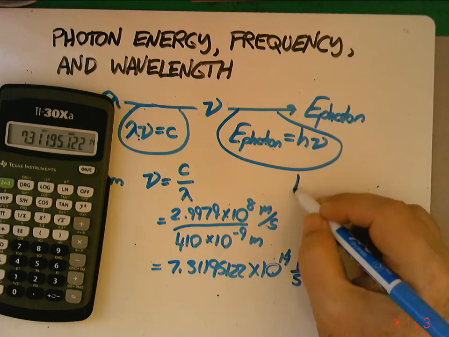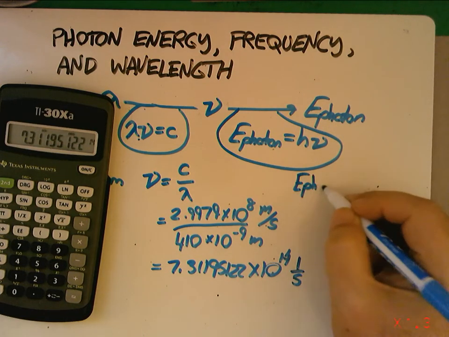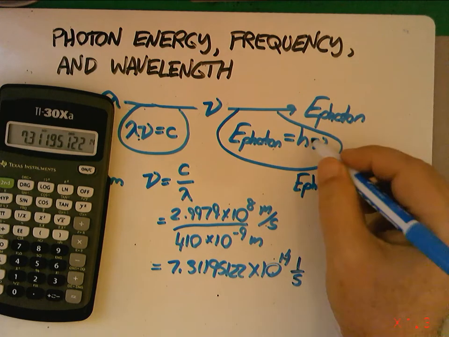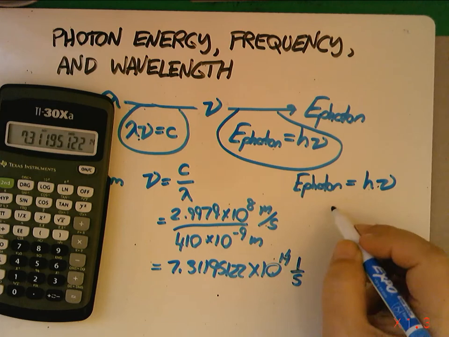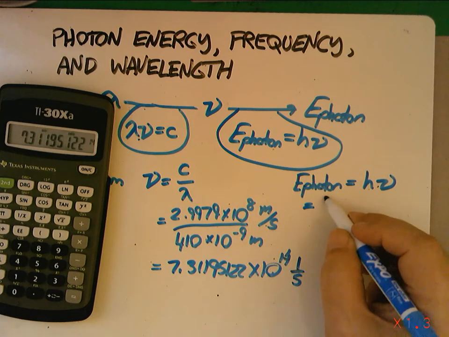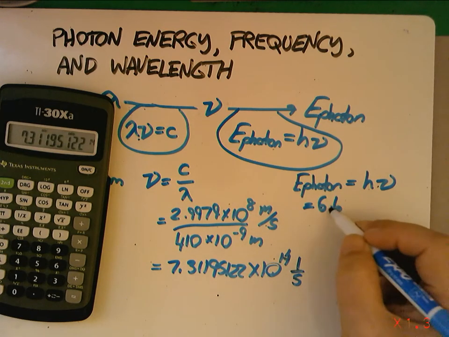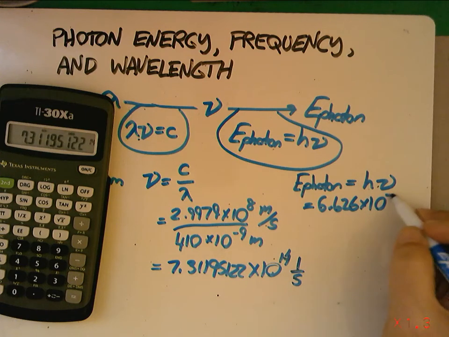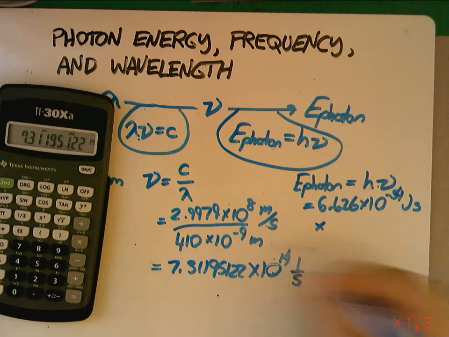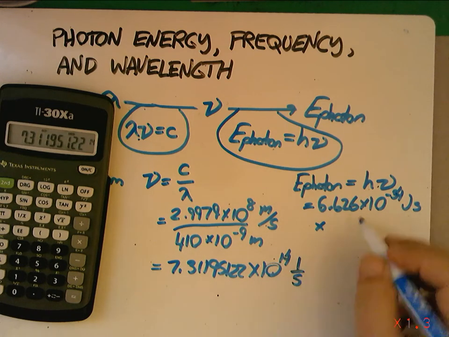The photon energy is going to be equal to Planck's constant times the frequency, which is equal to Planck's constant. I have to have it handy, and I've got it listed for you below, times 10 to the minus 34 joule seconds times the frequency that I just figured out.